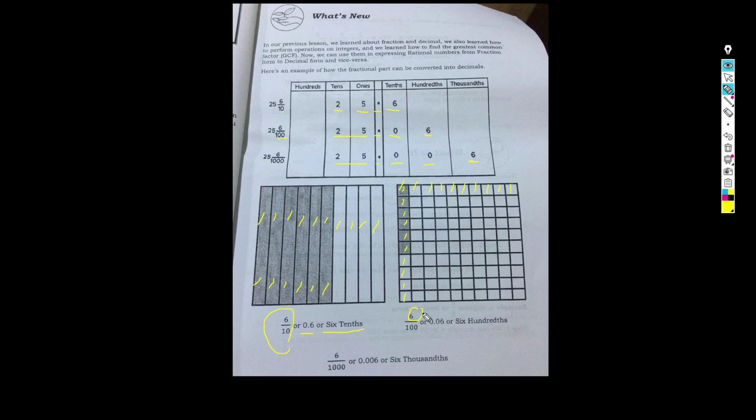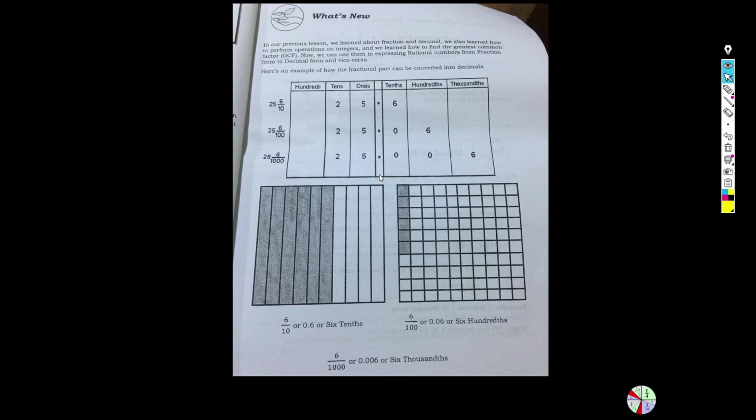So that's why 6 over 100, 6 parts colored gray over 100 parts. So that is 0.06 also, or 6 hundredths. Also with 6 and 1,000, that will be 6 parts out of 1,000 parts, or 6 thousandths.